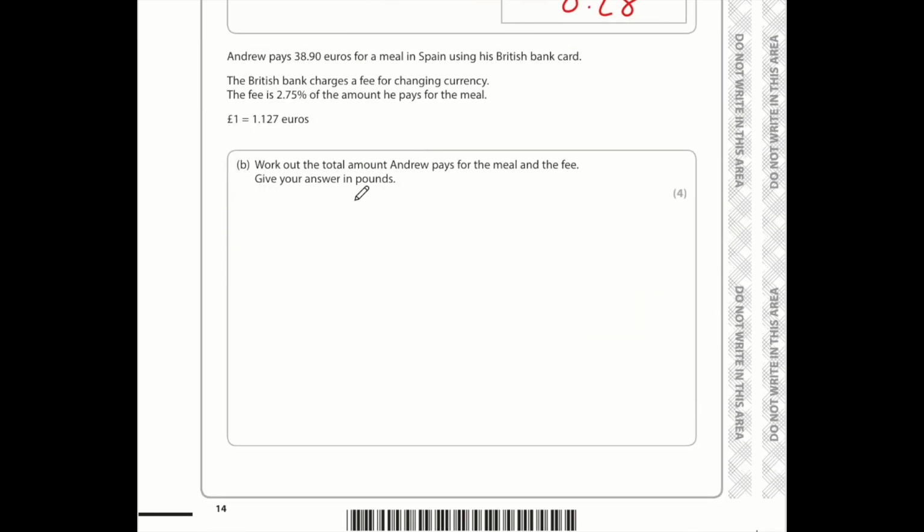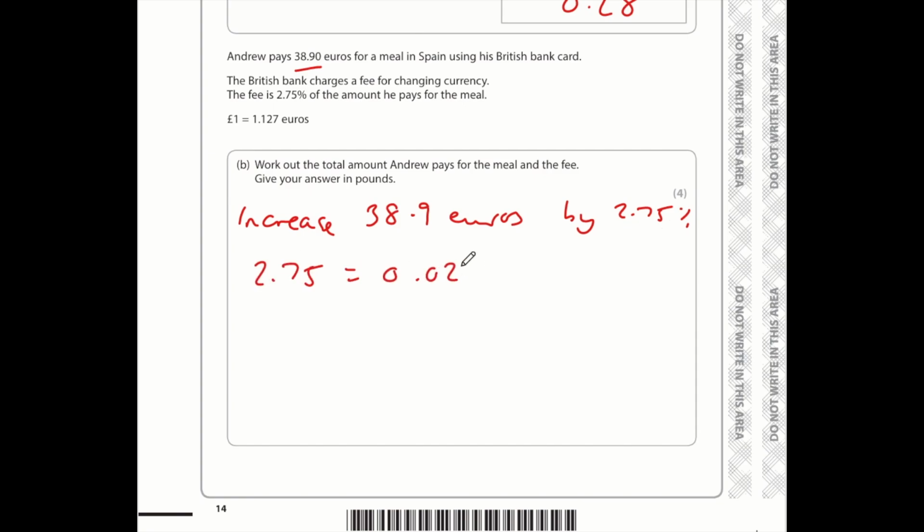Okay, so the next part. This is the cost of the meal, but the charge is going to be this plus 2.75%. So basically what we need to do is increase 38.9 euros by 2.75%. The multiplier for 2.75% is 0.0275.